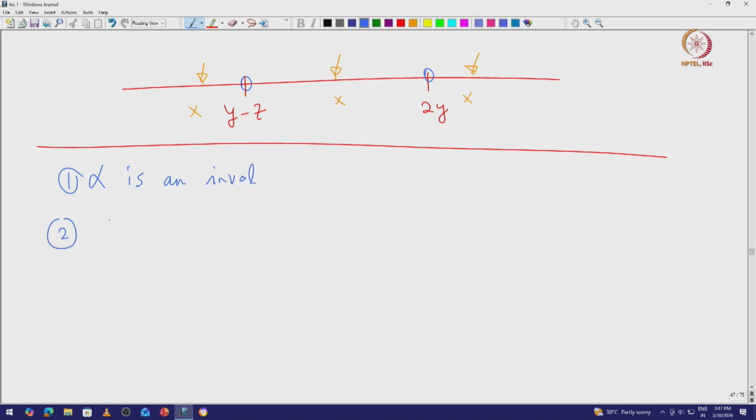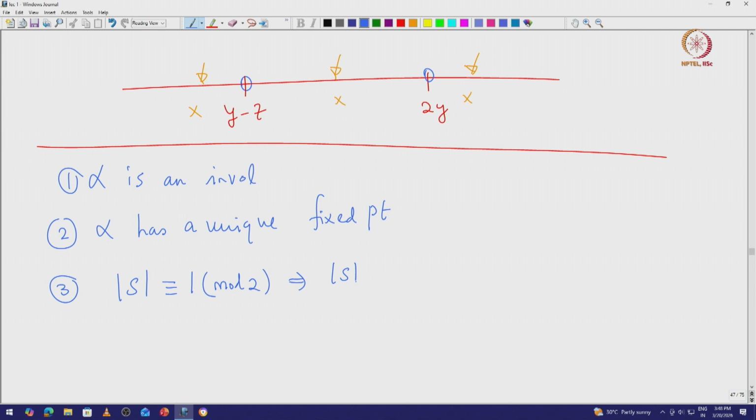The second is alpha has a unique fixed point, and from this we conclude the cardinality of S is congruent to 1 mod 2. That implies the cardinality of S is odd. Okay. So, these two only we need to really check. The last one follows from our earlier discussion.